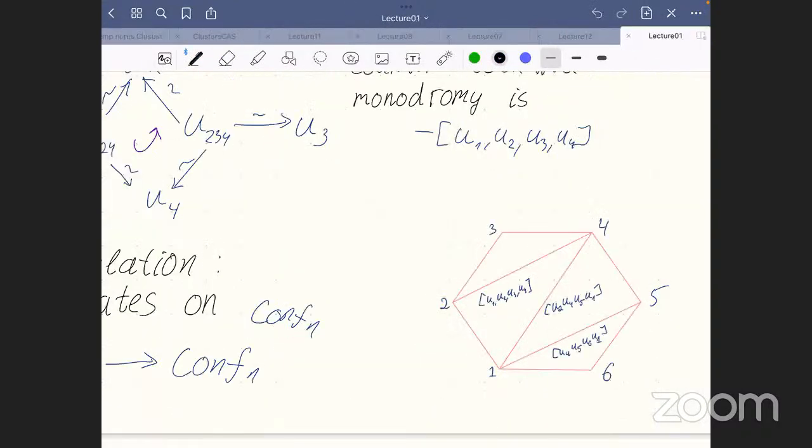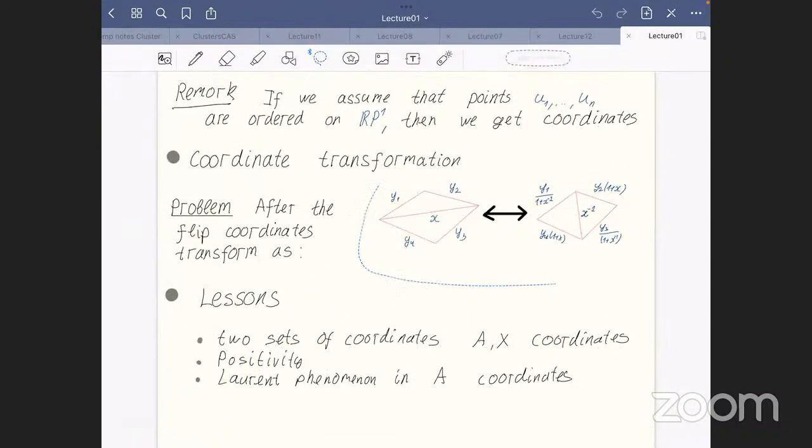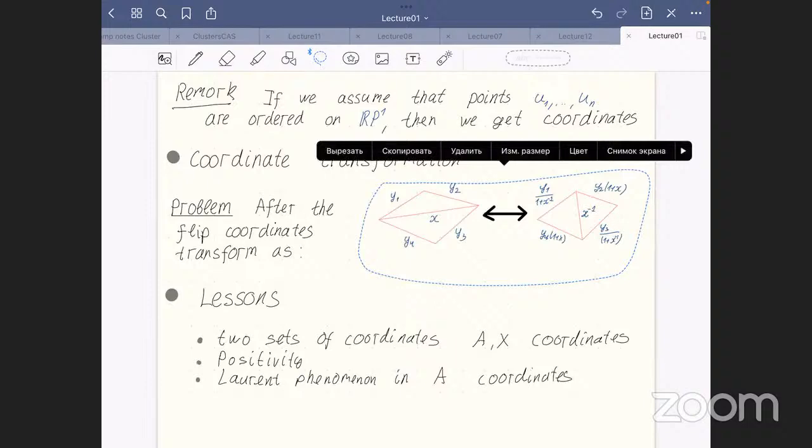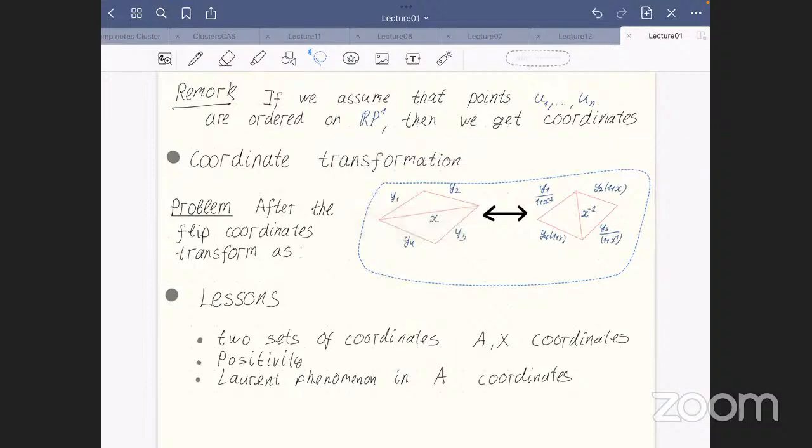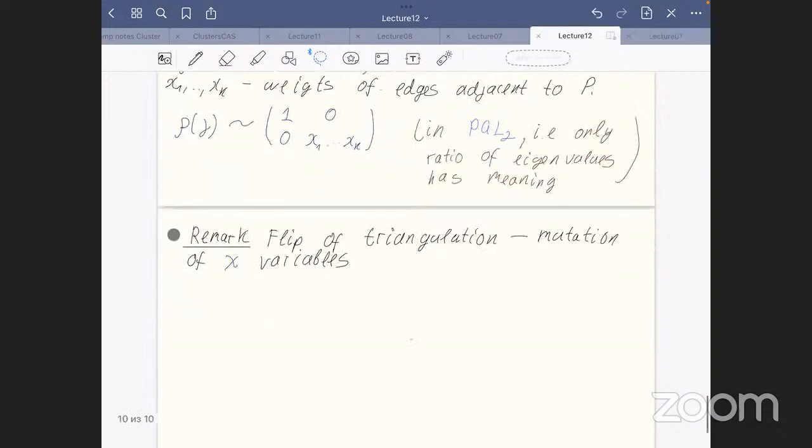And this is actually the problem which we had in the first lecture. Since x variables are defined on the universal cover, there is no issue of monodromy. So this is just a local computation. So the computation remains the same.